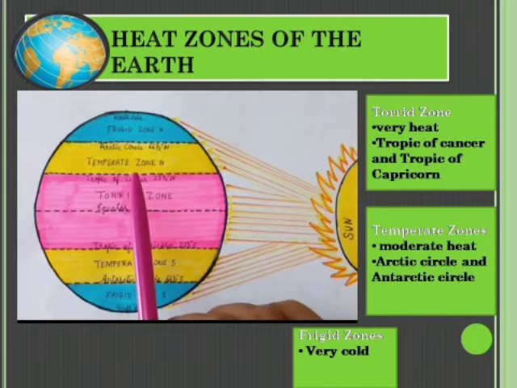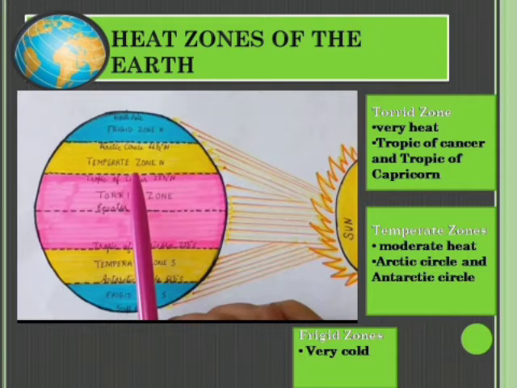See the next slide, children. Heat zones of the earth. What are the heat zones we have? See this picture, children. Based on the distance from the sun, we get these heat zones of the earth. For example, see our earth is directly towards the sun.